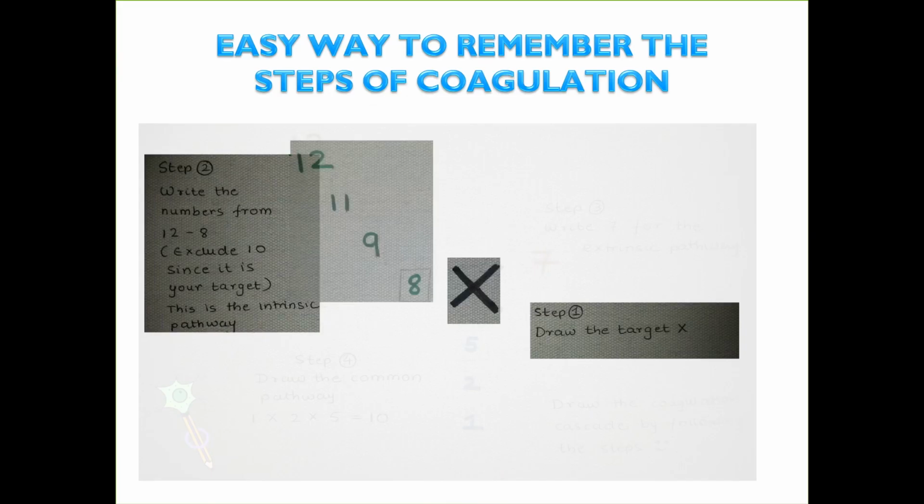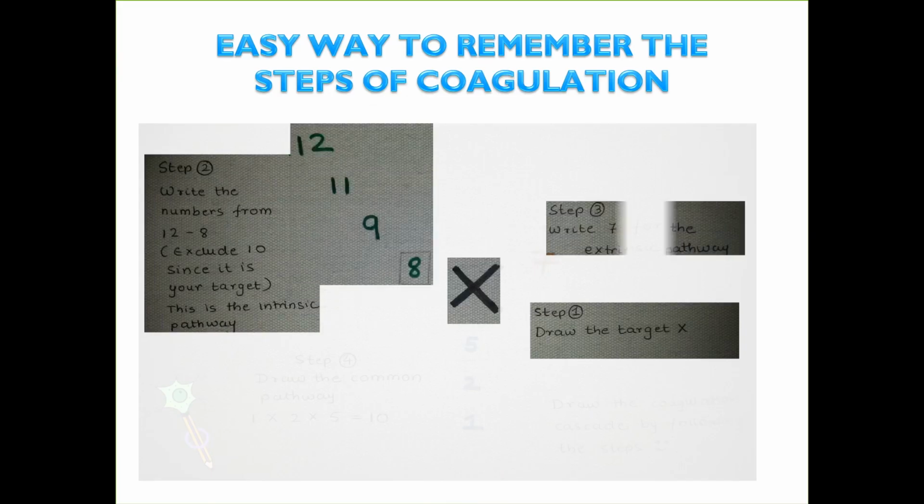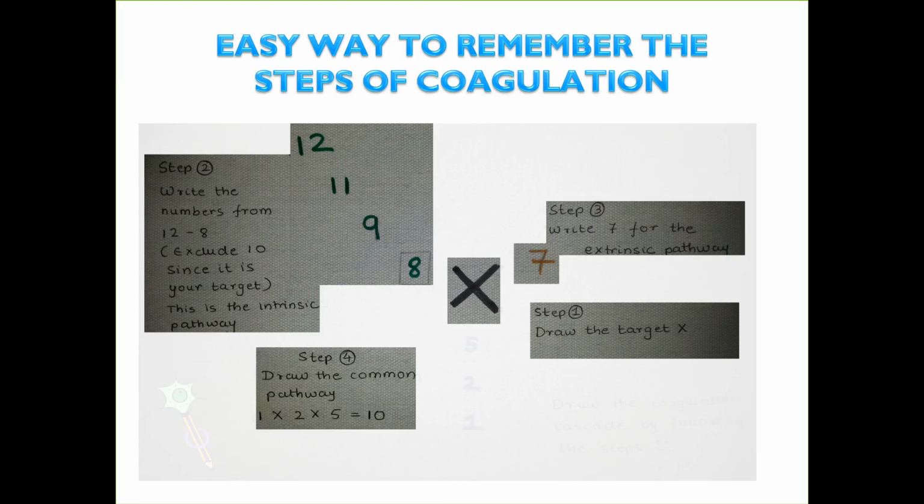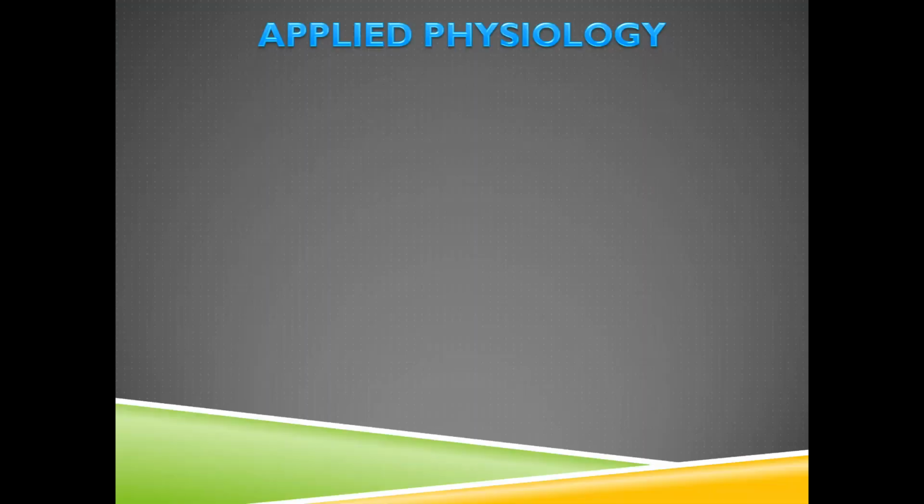This is the intrinsic pathway: 10, 9, 8. Step 3 is write 7 for the extrinsic pathway, which is the factor responsible for that. And step 4 is to draw the common pathway, which is the multiplication of 5 into 2. Factor 5 into 2 results in 1. So you write it like that, and it's easy to remember the steps.